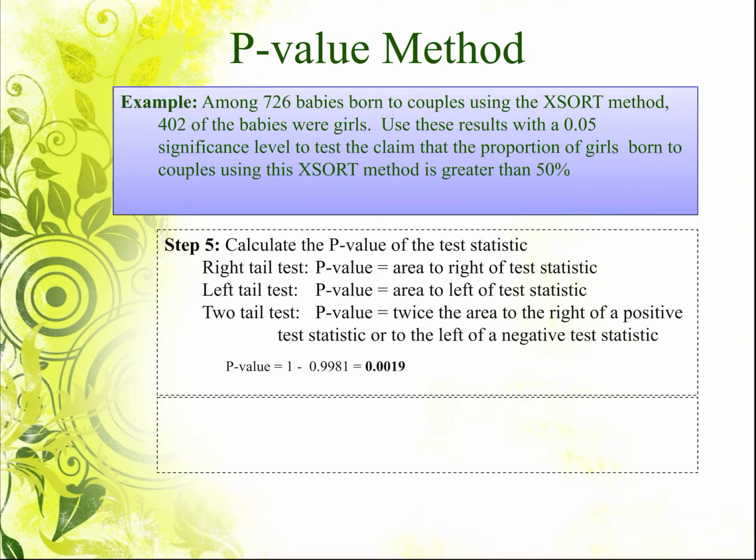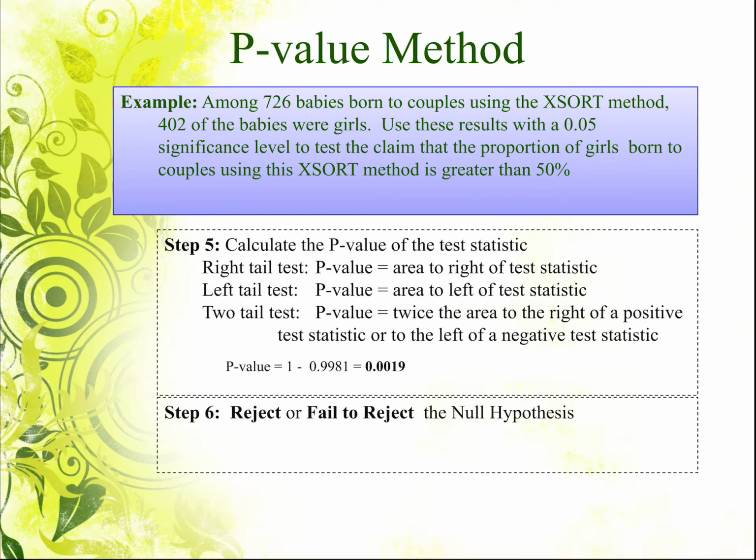In this case, we're finding the area to the right of our test statistic. I'm sorry, the area to the left of our test statistic is 0.9981 from our standard normal distribution chart of z-scores. So the area to the right will be 1 minus that. 1 minus 0.9981 is 0.0019.